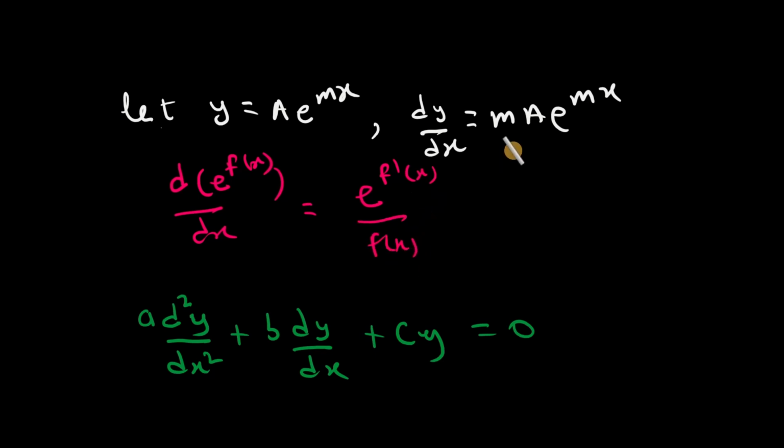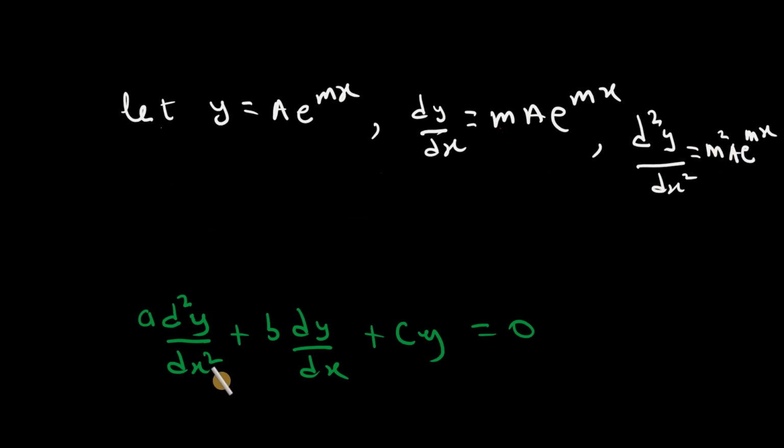That's why I had ma e^(mx): the derivative of x is 1, so the derivative of mx is m. Also, d²y/dx² is equal to m²a e^(mx). That is, I differentiated e^(mx) again and got another m, multiplied by this gives m squared.